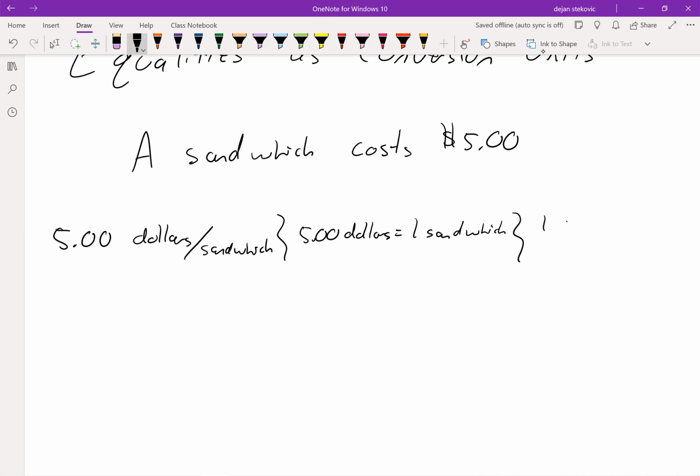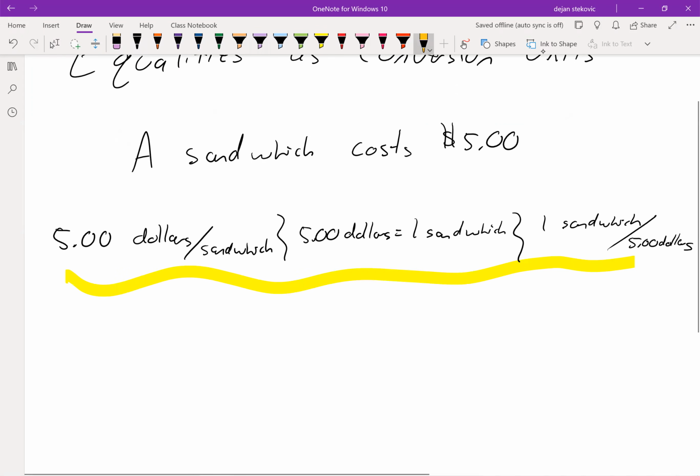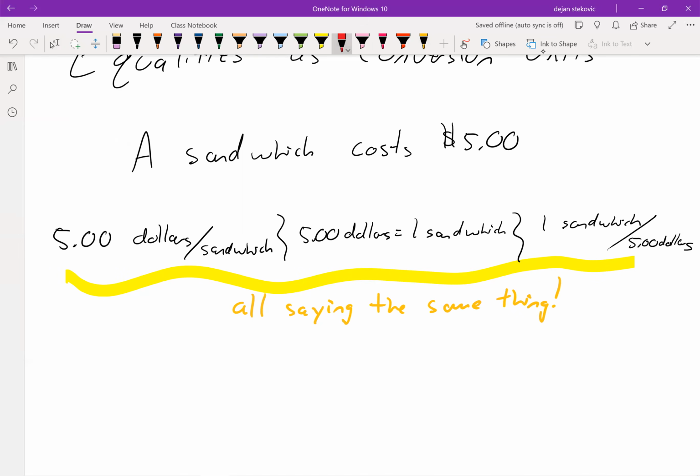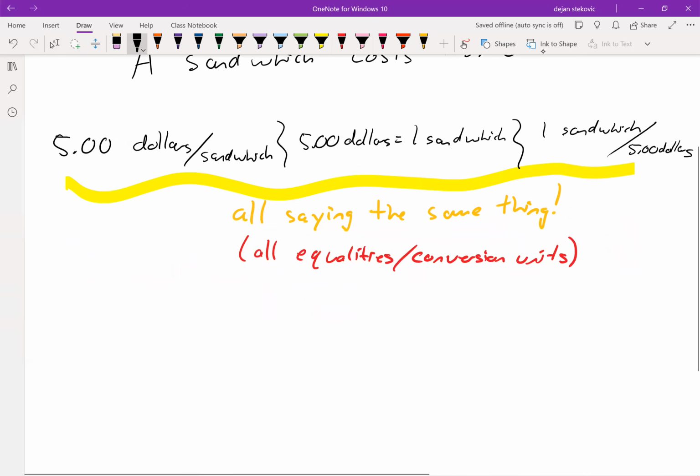Or we could say that you can get one sandwich per $5, right? All of these three things say the same thing, and they're all equalities, conversion units. They're all saying that $5 is equivalent to one sandwich, or one sandwich is equivalent to $5.